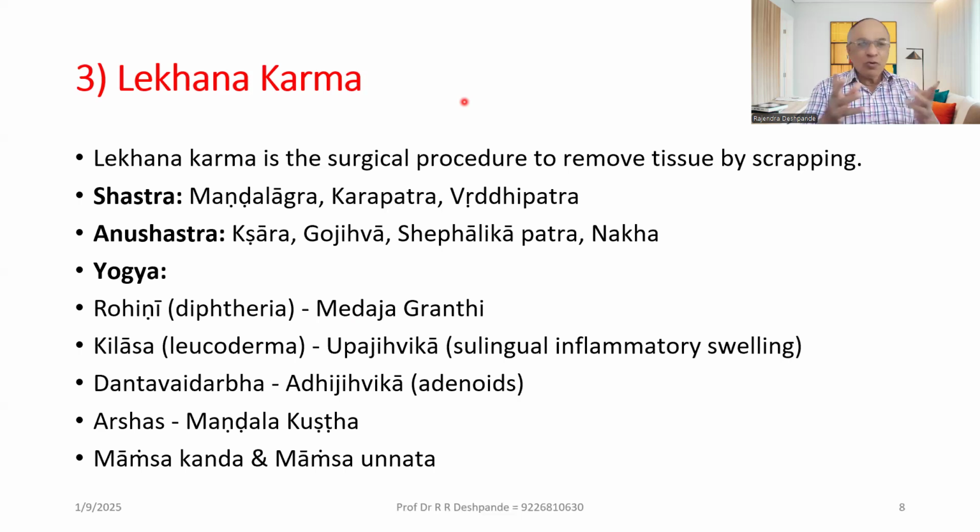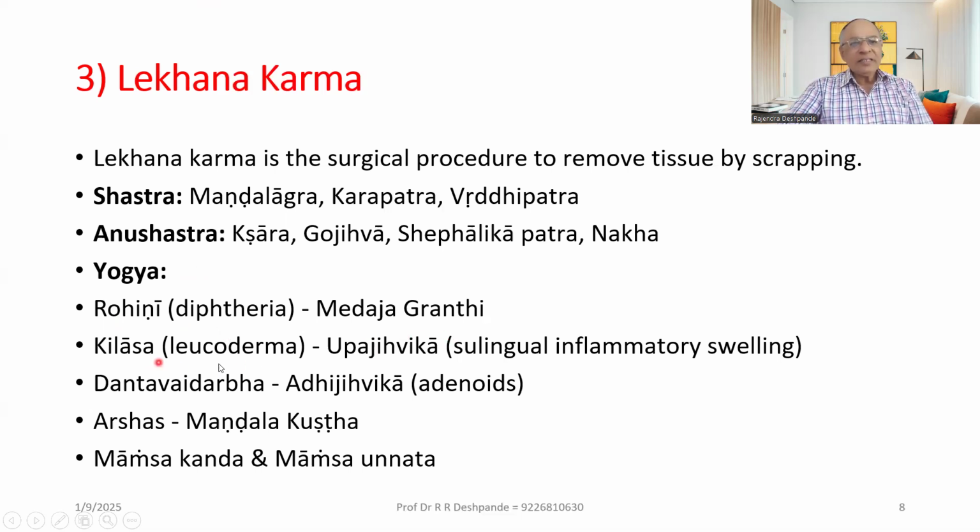Now, of course, everywhere we are writing the definition, Shastra, Anushastra, and Yogya. Yogya means the indicated diseases or indicated problems. So, where can we do the Lekhana Karma? First is Rohini disease, that is diphtheria. Also, Medaja Granthi.